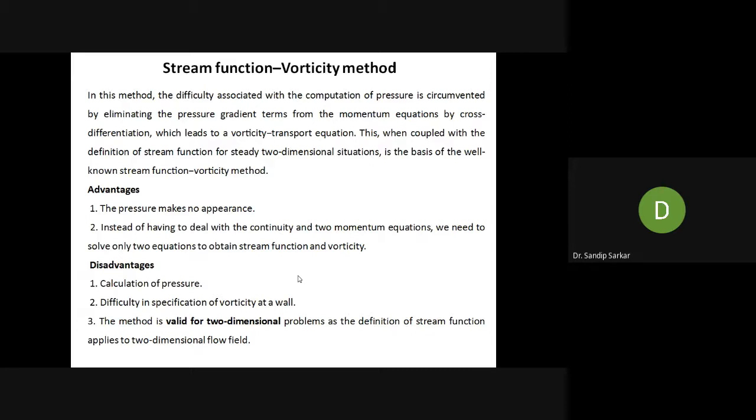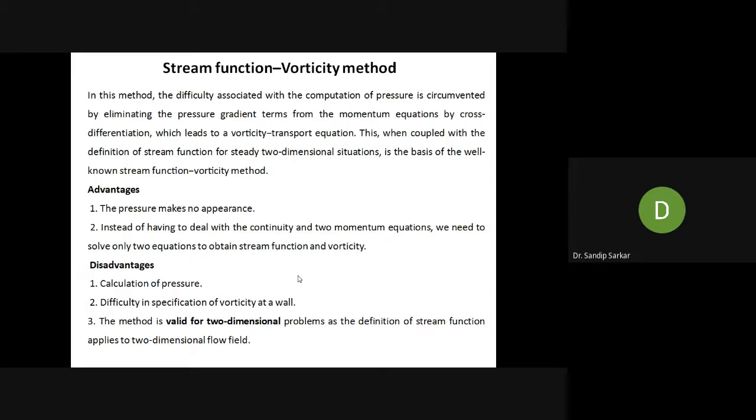Now you will find in the later stages that we can solve very complicated problems with the stream function vorticity method if the problem is two-dimensional in nature. This method cannot be applied for the three-dimensional problem, since there is no existence of stream function in three dimensions.